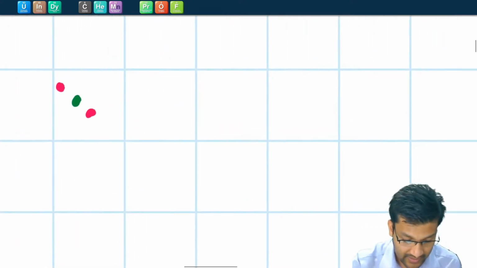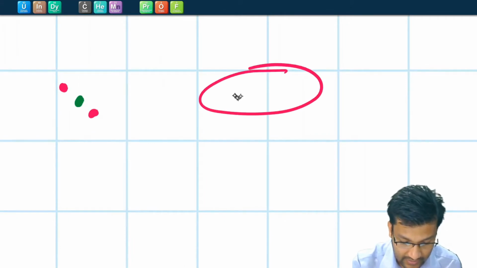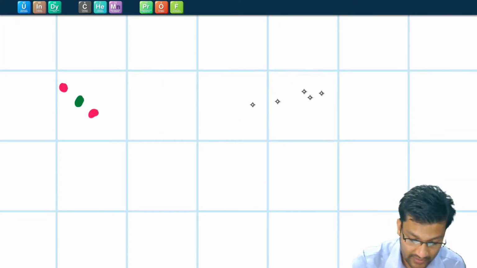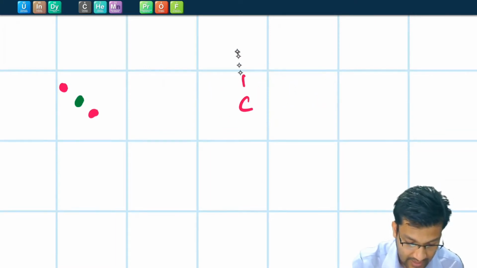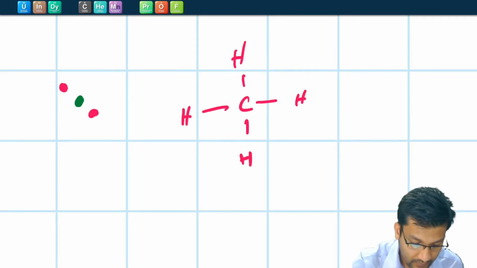So if you imagine a big molecule like this, let's say this is CH4. It's a good example. So we have carbon, hydrogen, hydrogen, hydrogen, hydrogen, right?